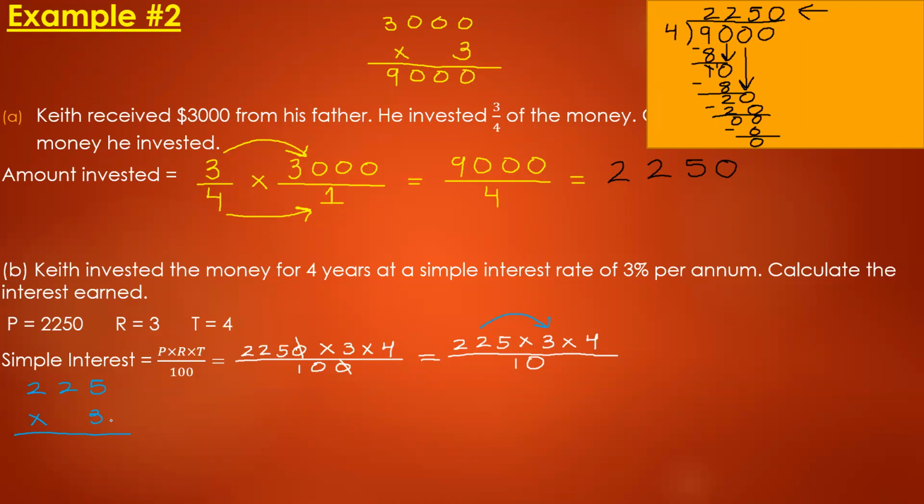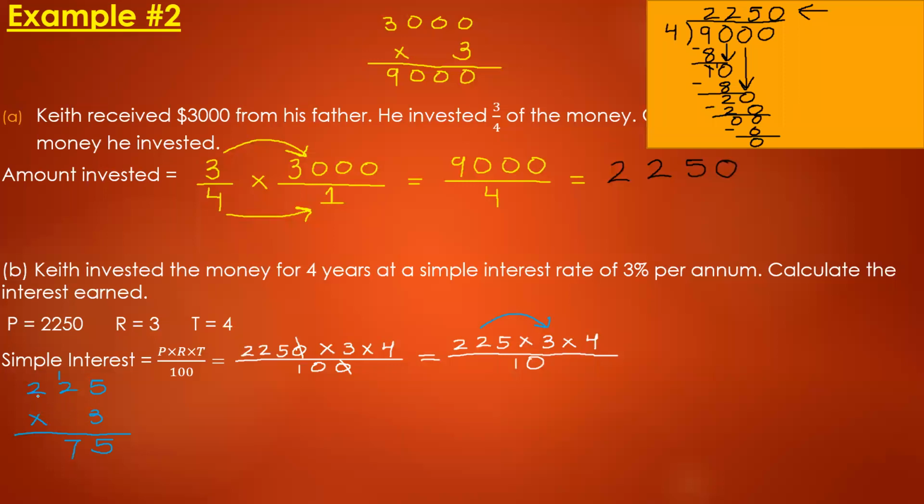Let's see then. What is 3 times 5? 15. Put the 5 down, put the 1 up. What is 3 times 2? It's 6 plus 1 is 7. 3 times 2 is 6, plus 1 is 7.